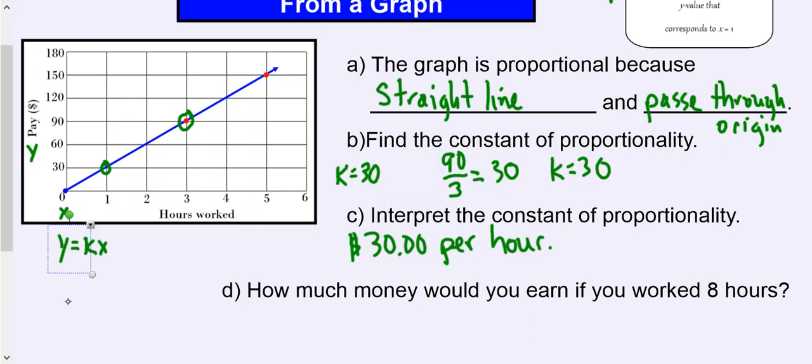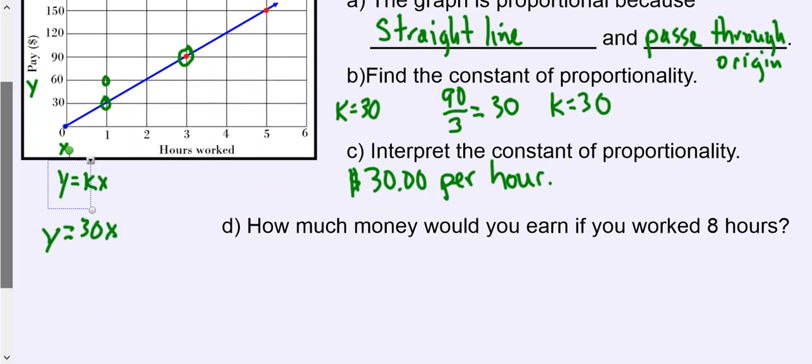So the equation would be y is equal to $30 times the number of hours worked. For example, $30 times 1 hour, y would equal 30. $30 times 2 hours, y would equal 60, and so on. Okay, so our equation is y equals 30x.